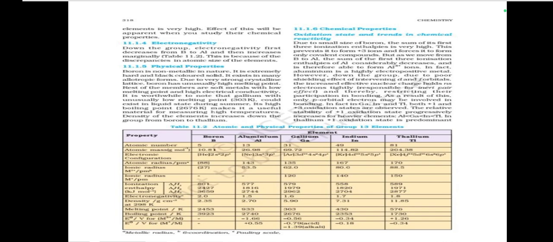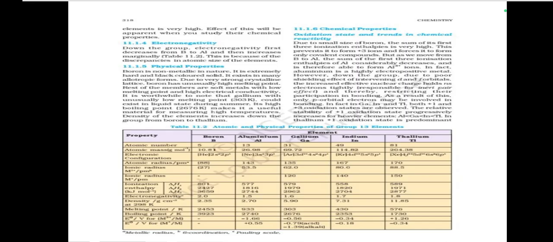It is worthwhile to note that gallium with unusually low melting point, 303 Kelvin, could exist in liquid state during summer. Its high boiling point, 2676 Kelvin, makes it a useful material for measuring high temperatures. Density of the elements increases down the group from boron to thallium.